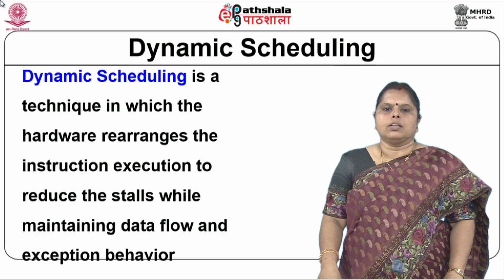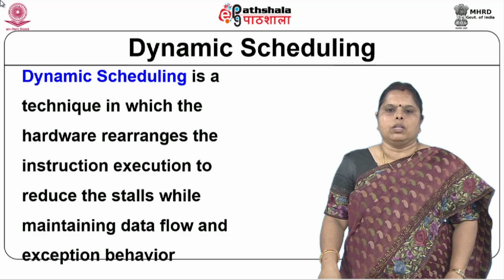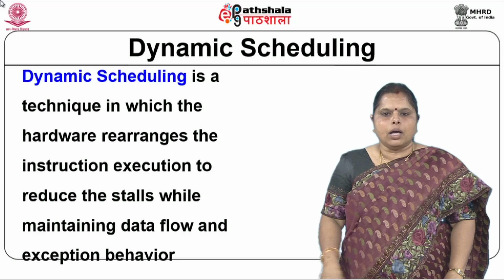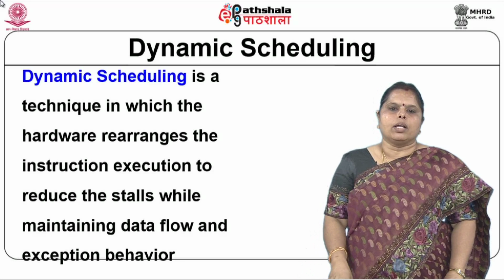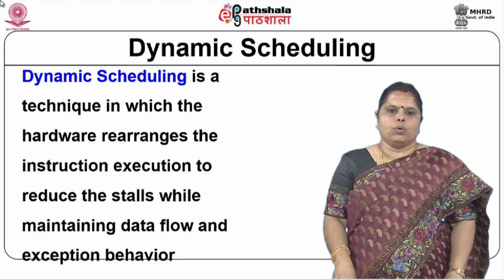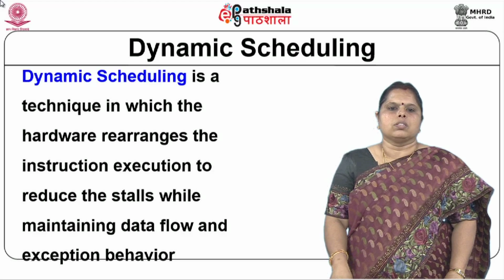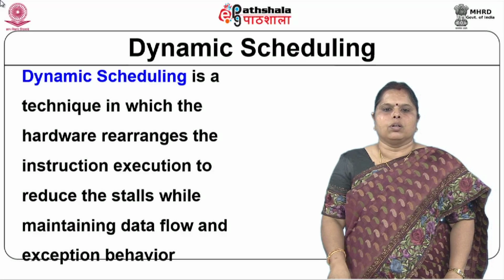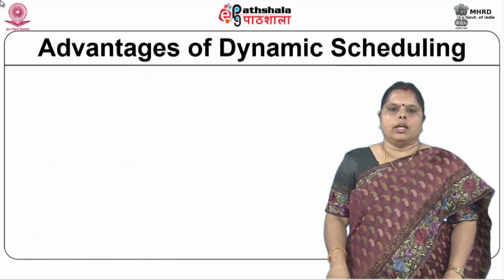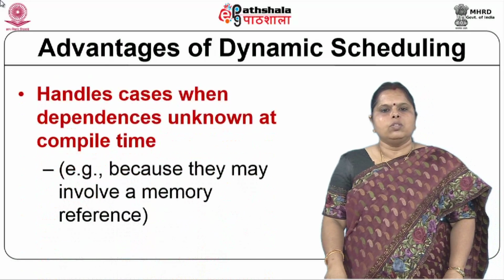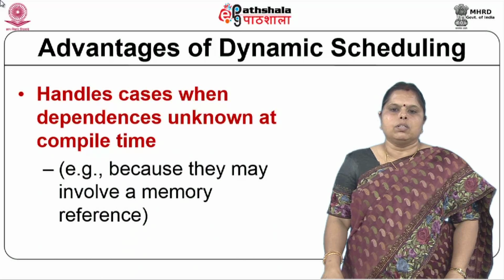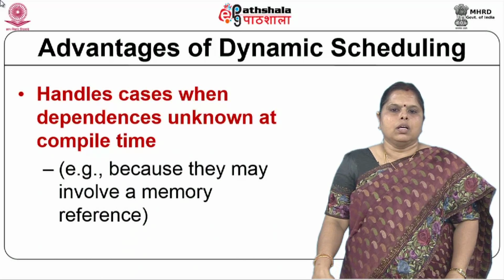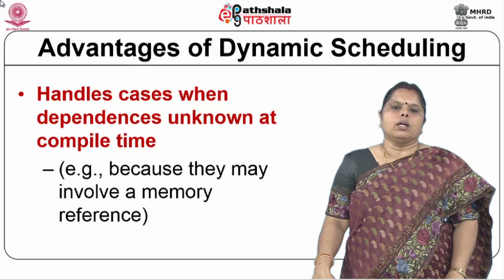And unlike static scheduling, it is not possible for the hardware to look at the entire code sequence and do a scheduling process. So, we normally look at a set of instructions, an instruction window, and within those instructions we can see how these instructions can be reordered and rescheduled for execution. Now, the advantages of dynamic scheduling are the fact that dynamic scheduling can handle cases when dependencies are unknown at compile time.